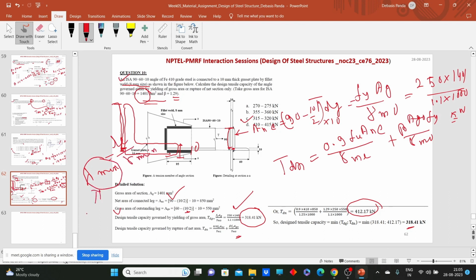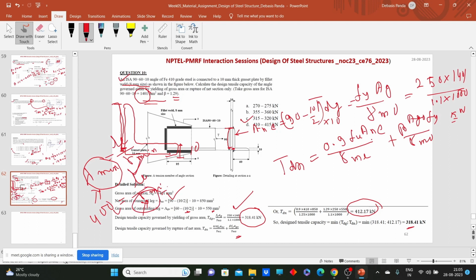If we know lambda max, say for example 400 for a direct tension member, and LE by r minimum, you can calculate the LE value if the r minimum radius of gyration is given. If LE is given and the cross section is given, r minimum can be calculated.